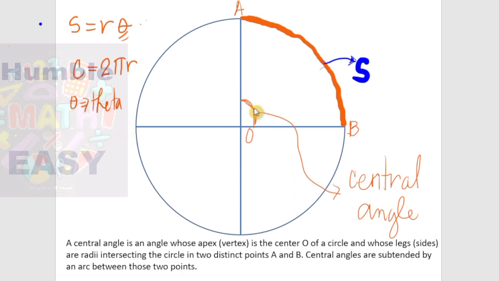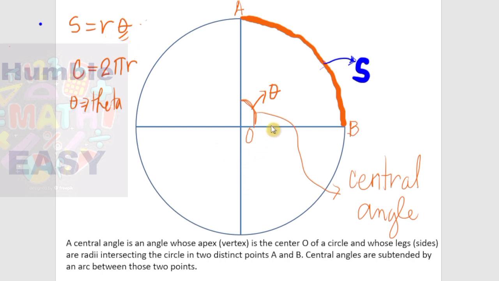Recalling that the whole part is the circumference, but if we have just a part of a circle, it is called an arc length. To get the arc length, we have r times the value of theta.